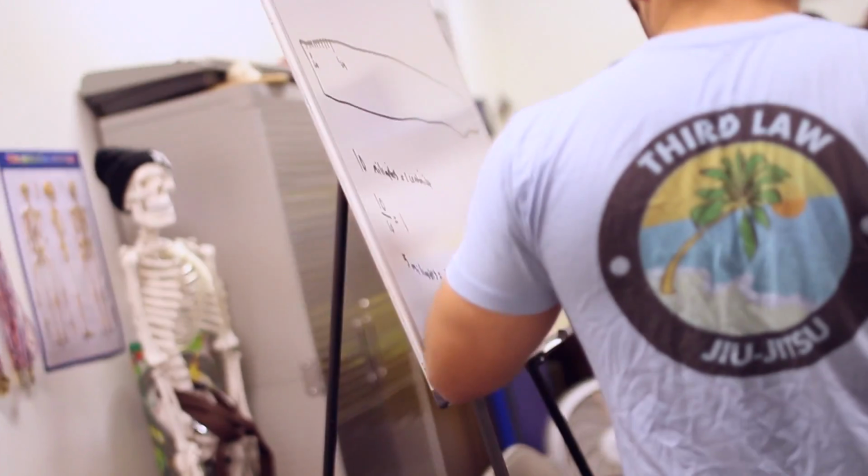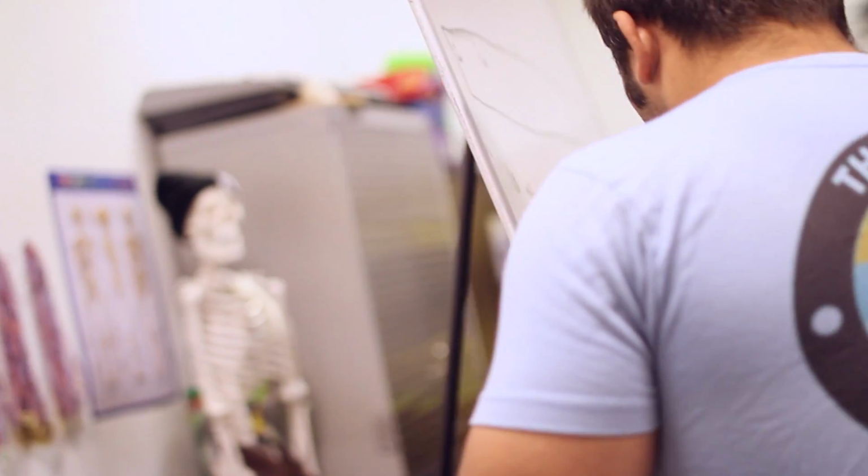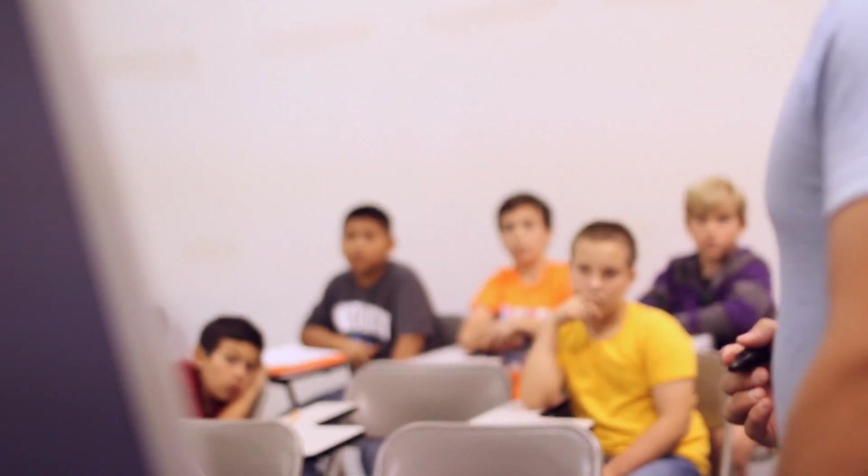You guys see that? Yes or no? Yes, sir. If I say I have 3 millimeters, what does that equal? We have 3 out of 10, just a fraction, and that is equal to 0.3.